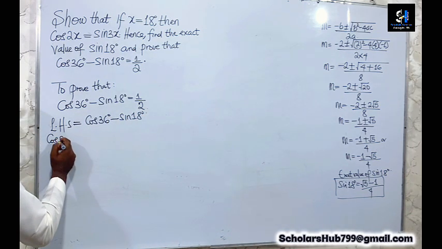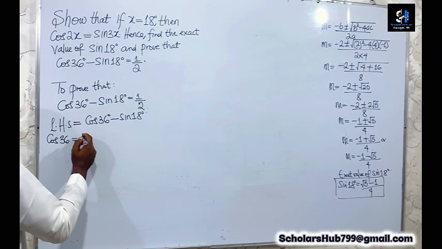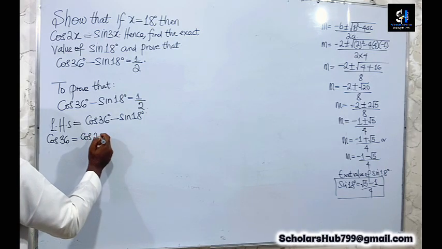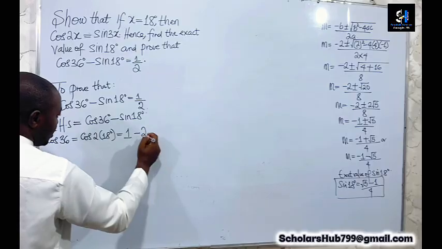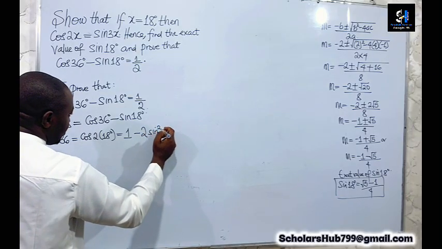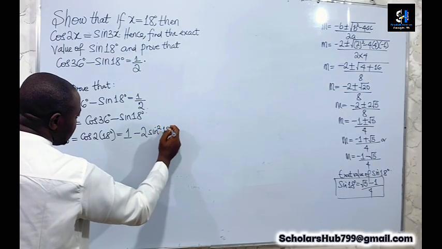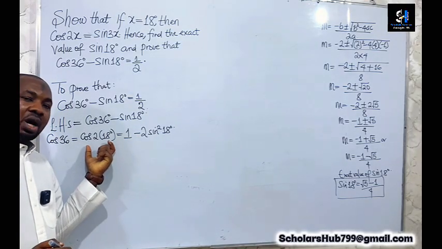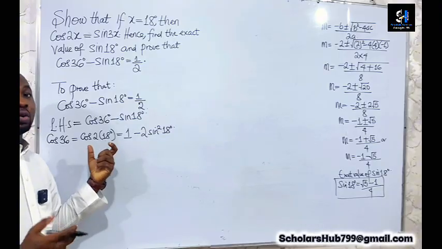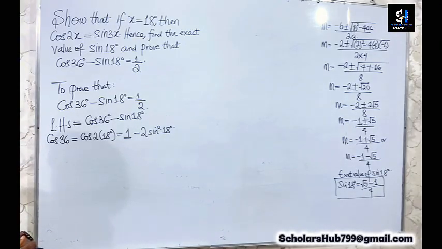Now, let's note this. Cos 36 degrees is the same as cos 2 times 18 degrees. And that will be 1 minus 2 sine squared 18 degrees, if we use the double angle formula for cosine.